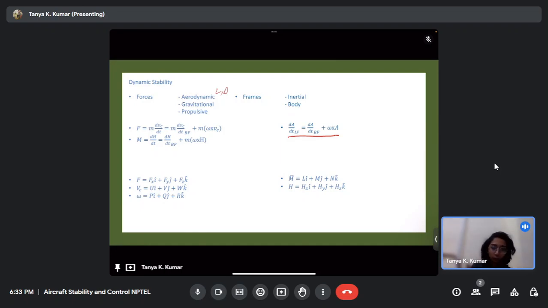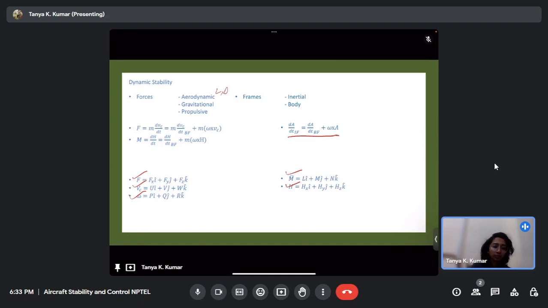Now here, of these three categories of forces, what do you think are measured in the body frame, and what are measured in the inertial frame? Not just the forces, take the other parameters too. So here you have all the parameters: force, velocity, angular velocity, moment, angular momentum. Tell me what are measured in the body frame and what are measured in the inertial frame.